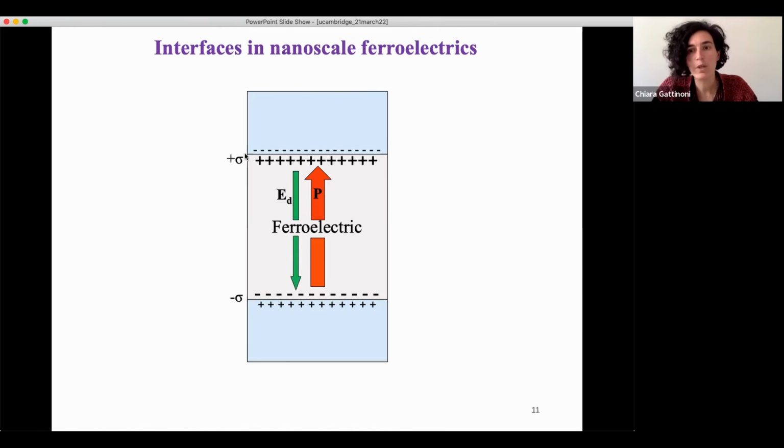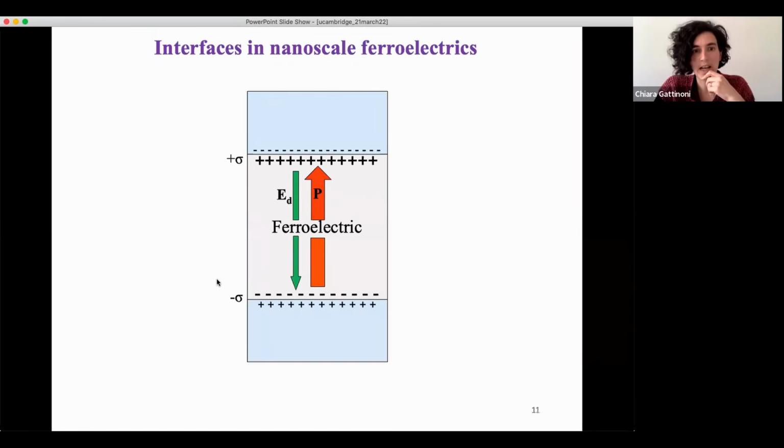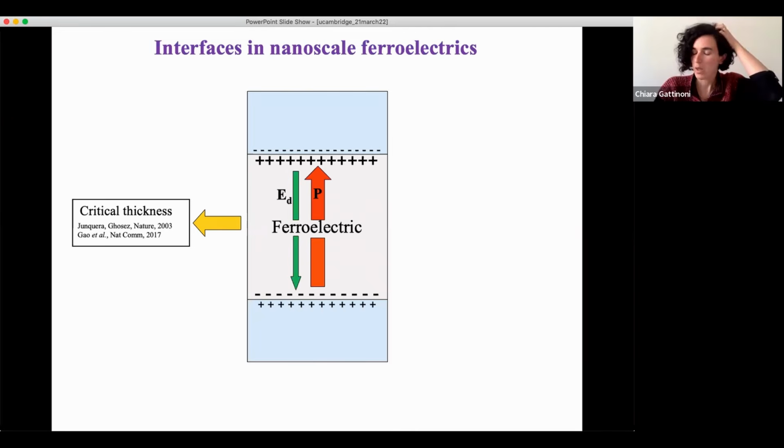So there will be a little bit of a remnant charge remaining on both sides. And this remnant charge, so now we have basically a capacitor, and there is a field within this sort of tiny capacitor, which we call the depolarizing field, which does exactly what it says. It kills the polarization.